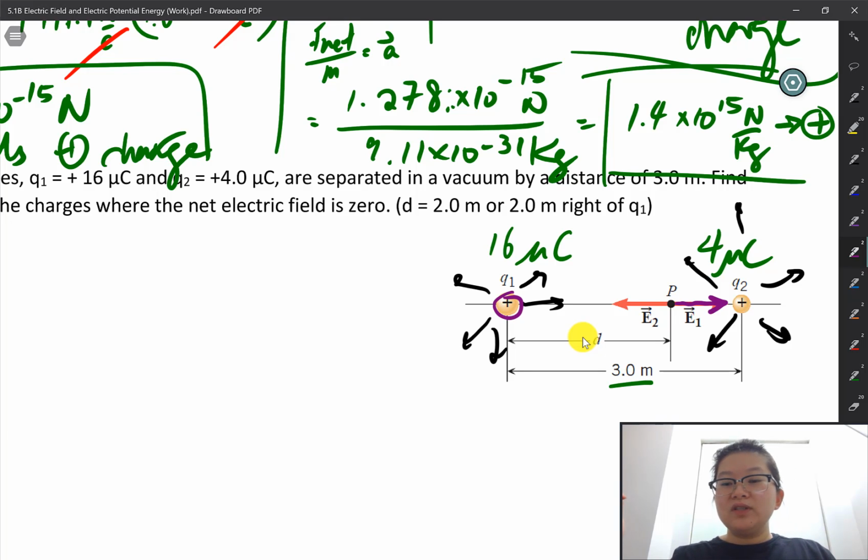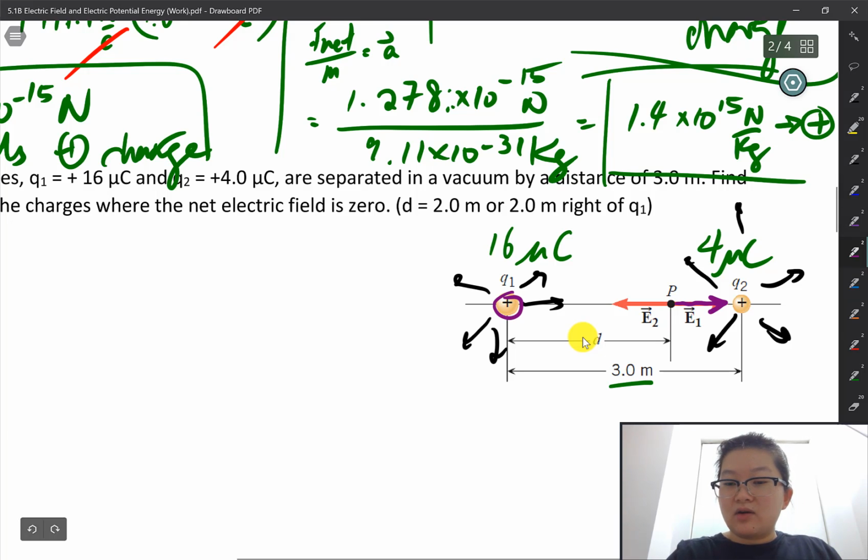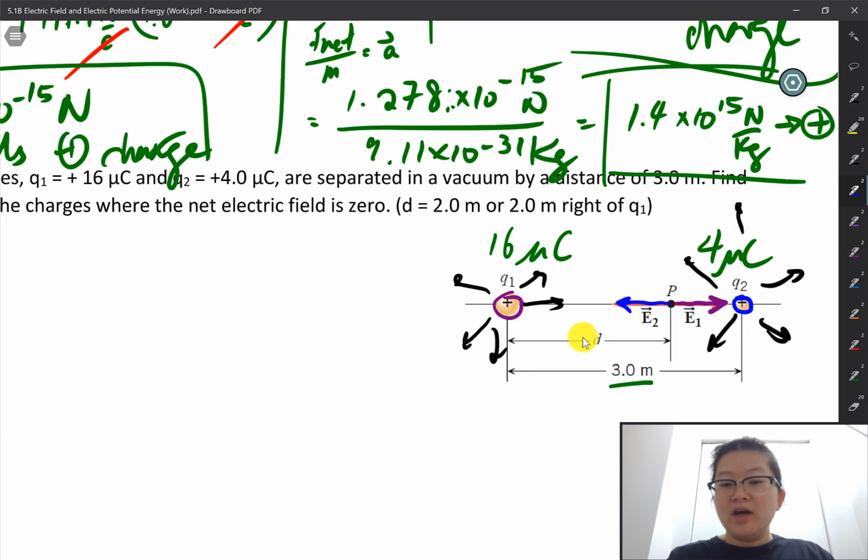And Q2, since the electric field points away from the positive charge, is going to point away from Q2, so at point P, the electric field line due to Q2 will be towards Q1. So at some point in the middle, the electric field is going to be exactly the same.